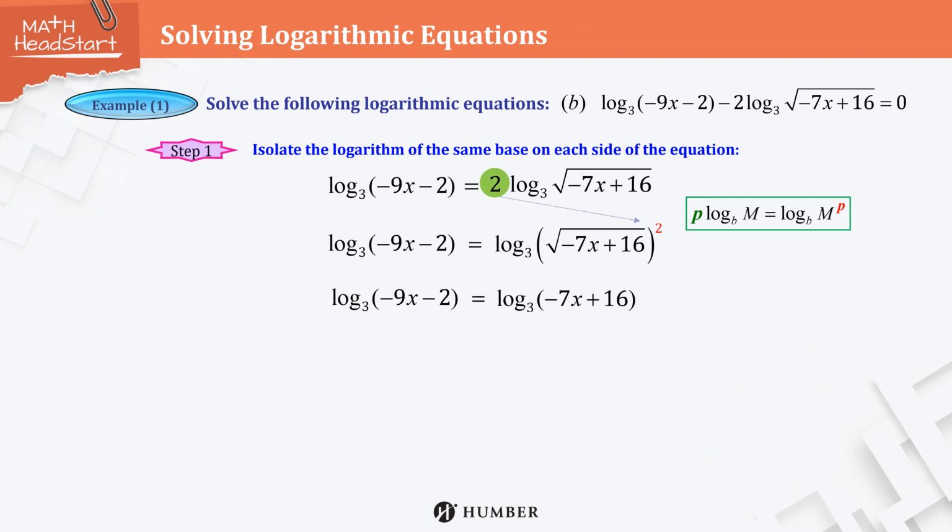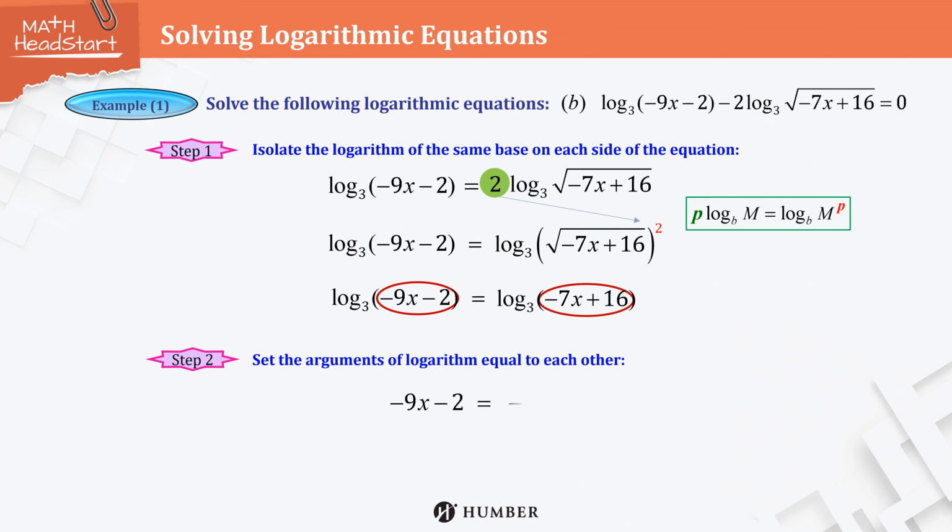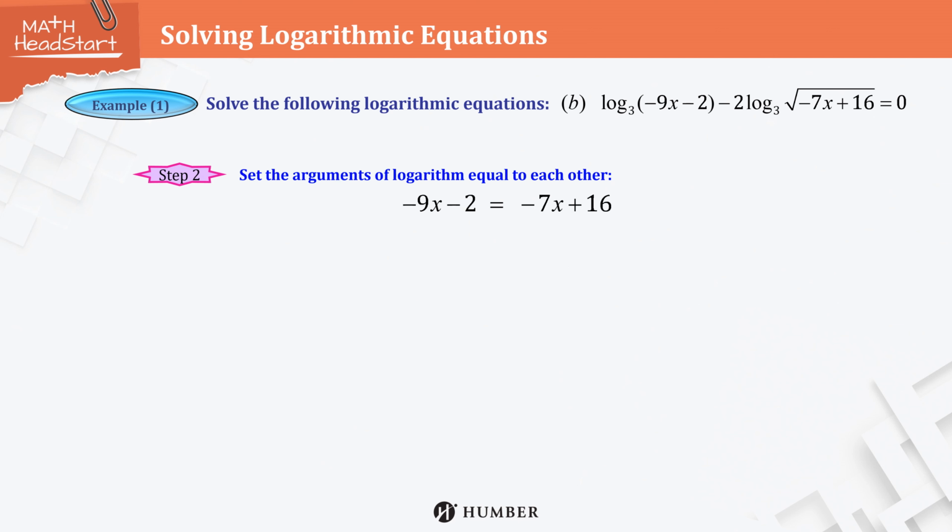Then equate the argument of the logarithms. Again, simply drop the logarithms and set the arguments equal to each other. Now we can solve the equation. Step 3. Solve for x then.